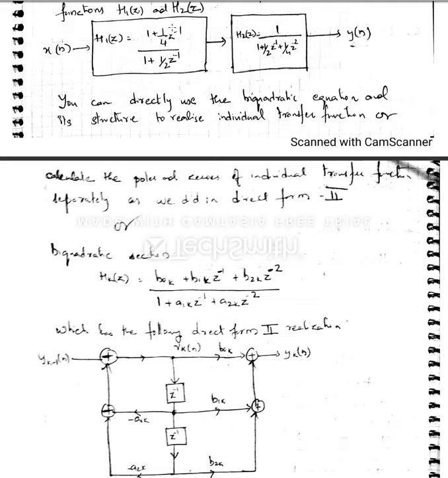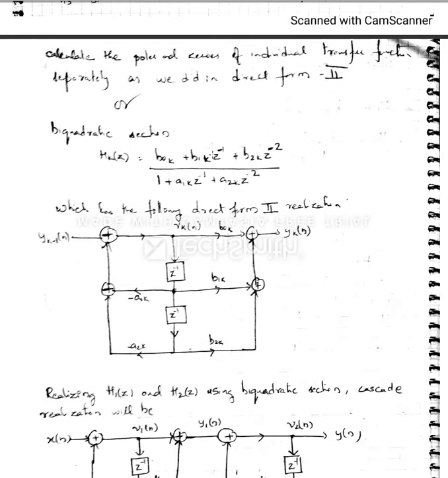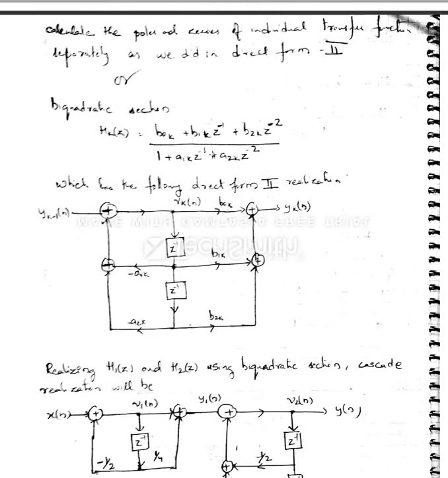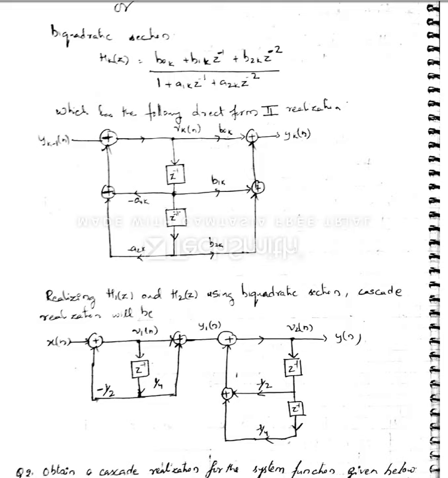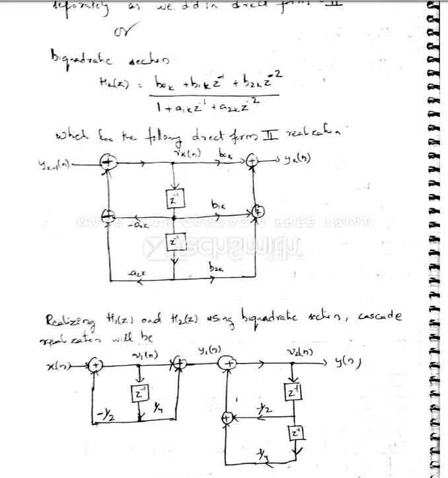If you are realizing it according to the direct form 2 problem that you have done, you will get two equations: for the poles and zeros of this, you would represent one structure, and for the poles and zeros of the other, you would represent another. Arranging those structures successively, you would get that. Or a bit simpler way is using the biquadratic equation. The structure of the biquadratic is this. This is the structure of the biquadratic, not of our problem.